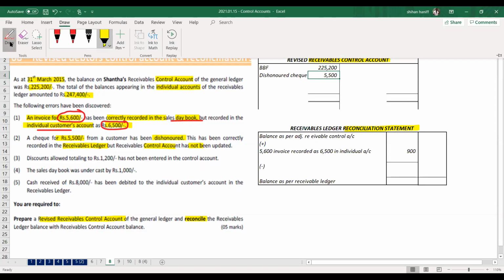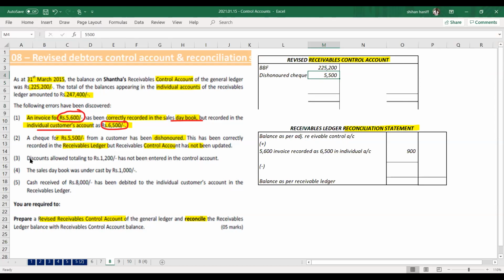Next, discount allowed total 1,200 has not been recorded in the control account. So discount allowed will be credited to the control account.